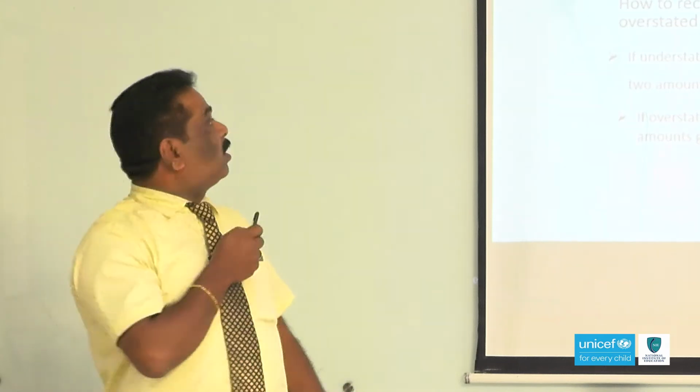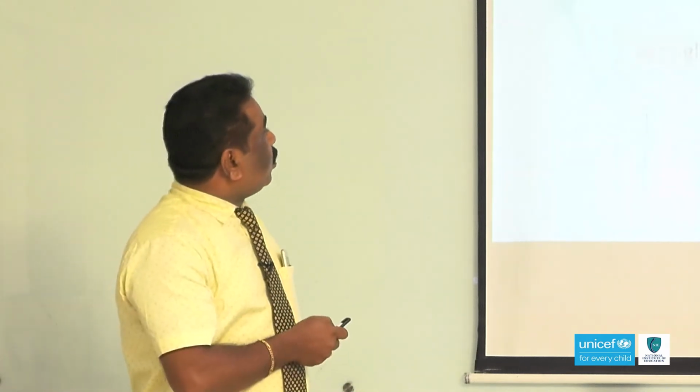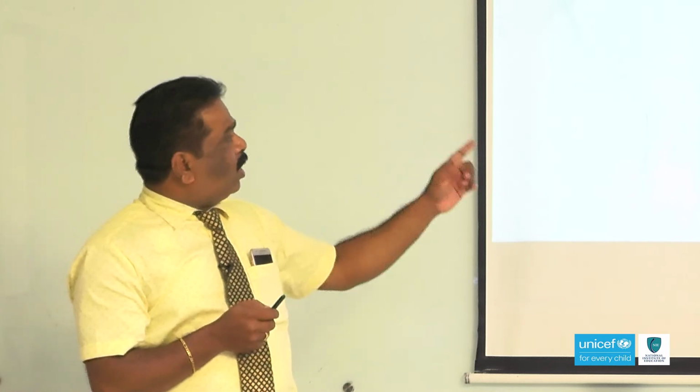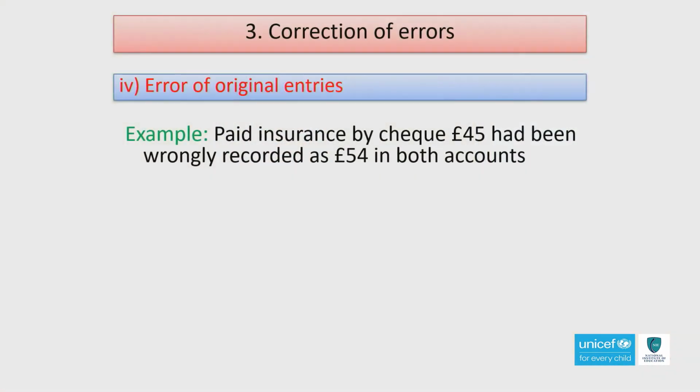I hope you understand. Now, example: paid insurance by cheque £45 had been wrongly recorded as £54 in both accounts. You might notice the correct amount, the paid amount, is 45, but you recorded 54, which is the wrong amount. So please check whether it has been understated or overstated.